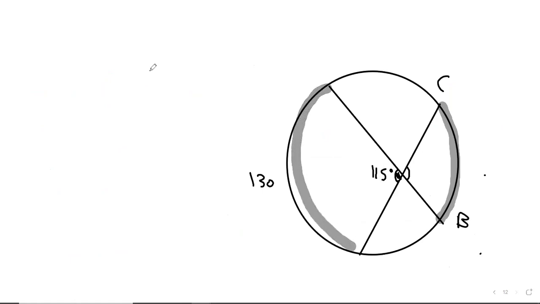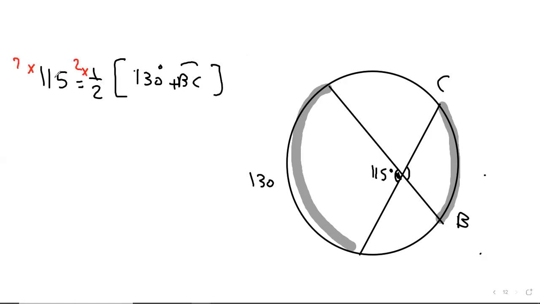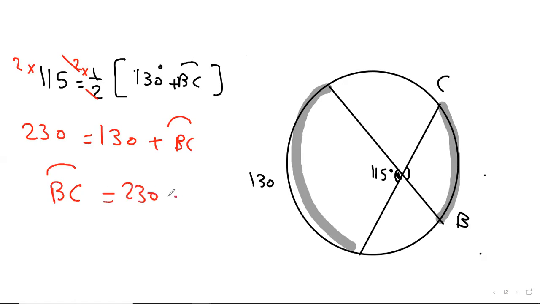So this angle 115 equals half the sum, half of the opposite arc here, which is 130, plus this arc here, BC. So multiply by 2 both sides to get rid of this 2. So 230 equals 130 plus BC. So BC equals 230 minus 130 equals 100. So the measure of the arc BC equals 100.